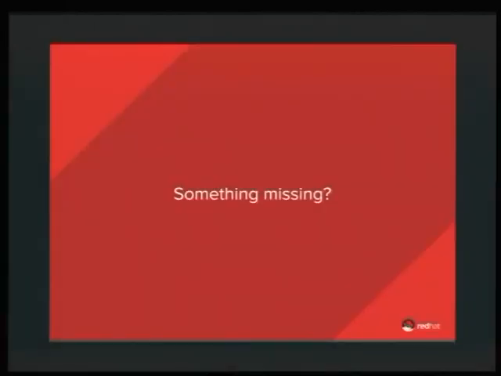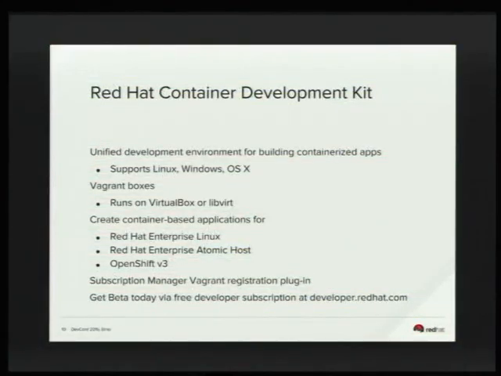So maybe there is something missing for you if you want to start developing and then deploying your containerized applications on Red Hat Enterprise Linux or Red Hat Atomic Host or OpenShift version 3, then that's where Red Hat Container Development Kit comes into play.